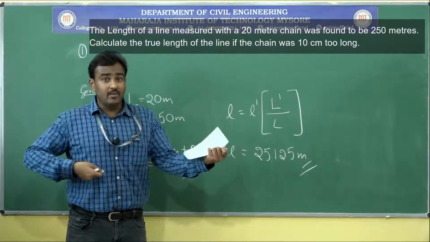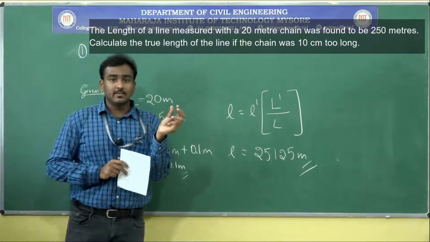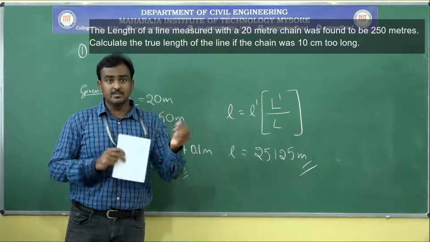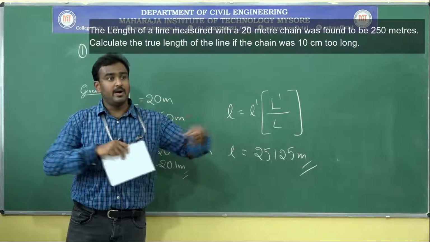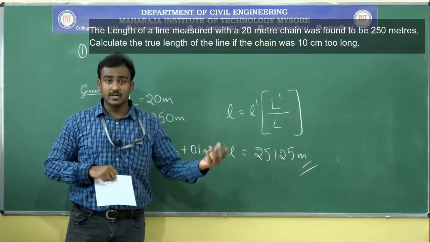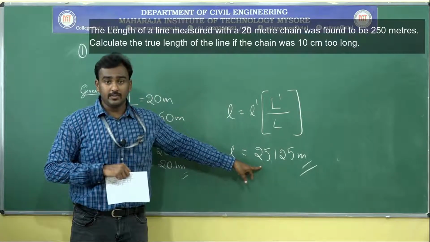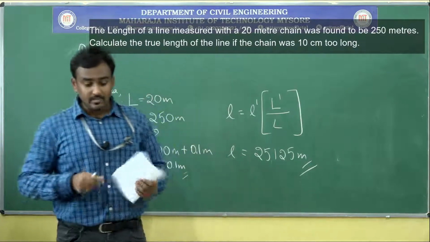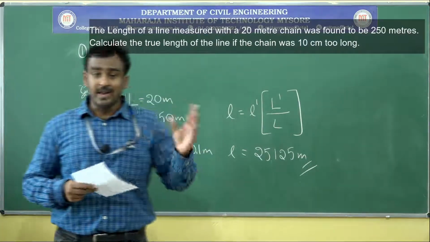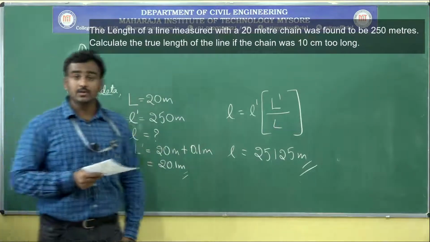It might differ, too long by 10 centimeter. That means the markings of the different meters or centimeters in the chain might have expanded. In such cases, whatever distance you measure, you will measure lesser when compared to the true length. So this is the first problem. This is how we should analyze the problem in case of incorrect chain length used.